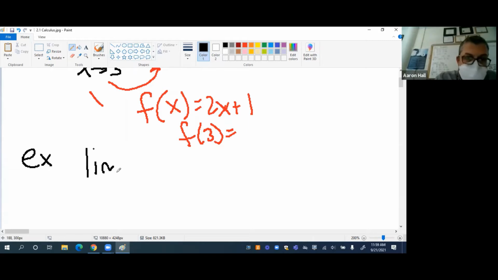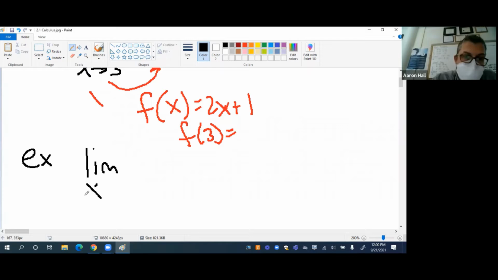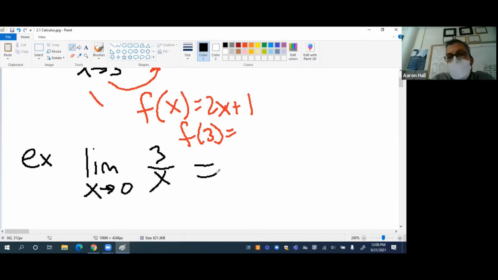I have the limit as x approaches 0 of 3 over x. If I plug this in, what's the problem? If I plug that in, I'm going to get 3 over 0, which is undefined.